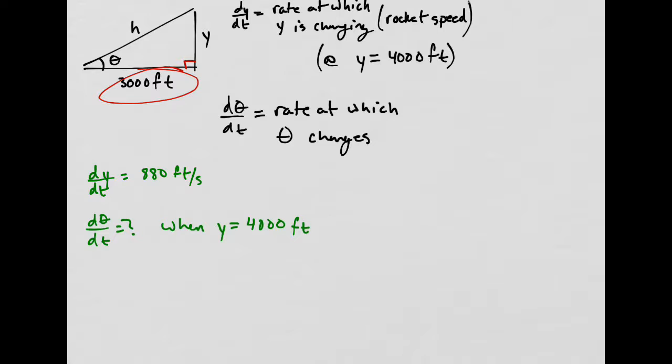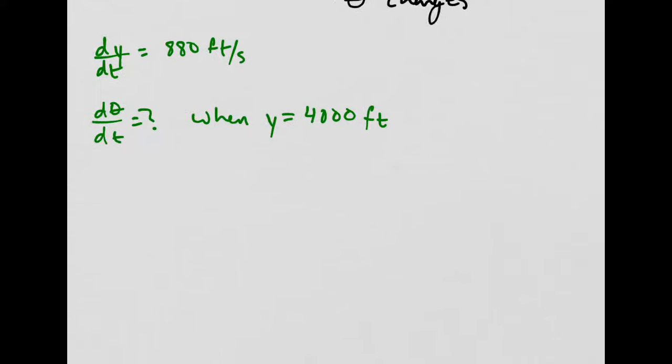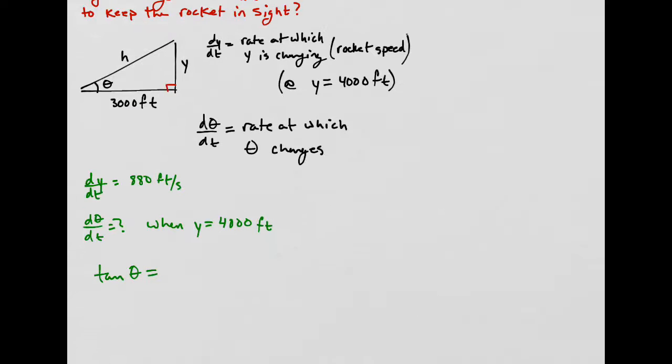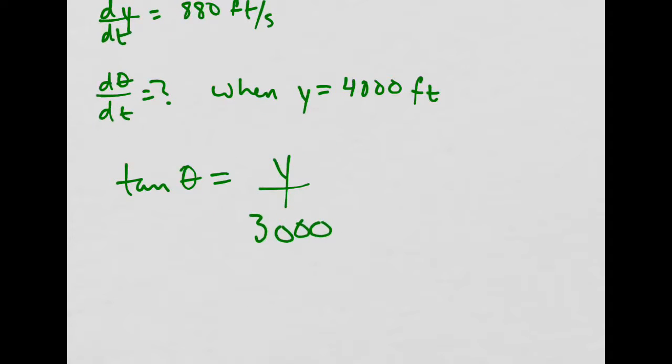I can also relate the 3,000 just because it's a number. So my primary equation could be tangent of theta equals opposite over adjacent, SOHCAHTOA. So I could say y over 3,000. And that's my primary equation.